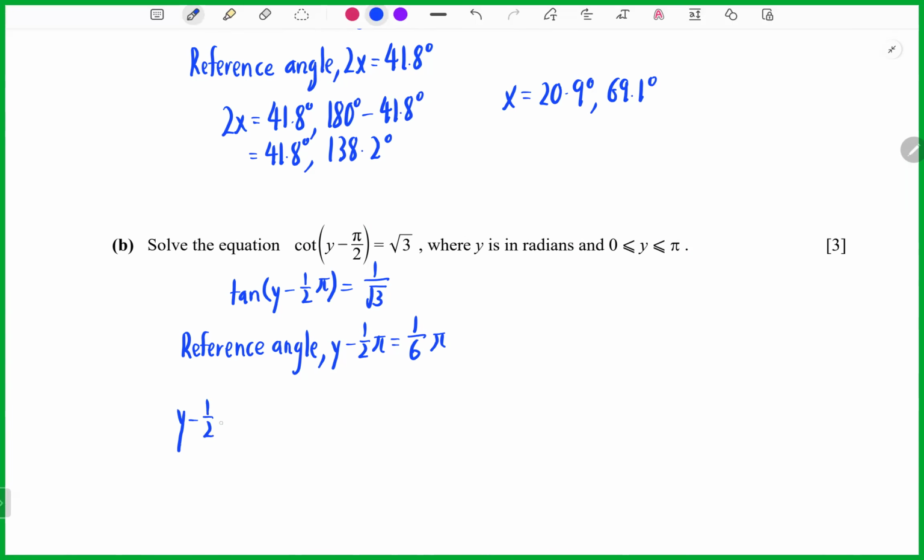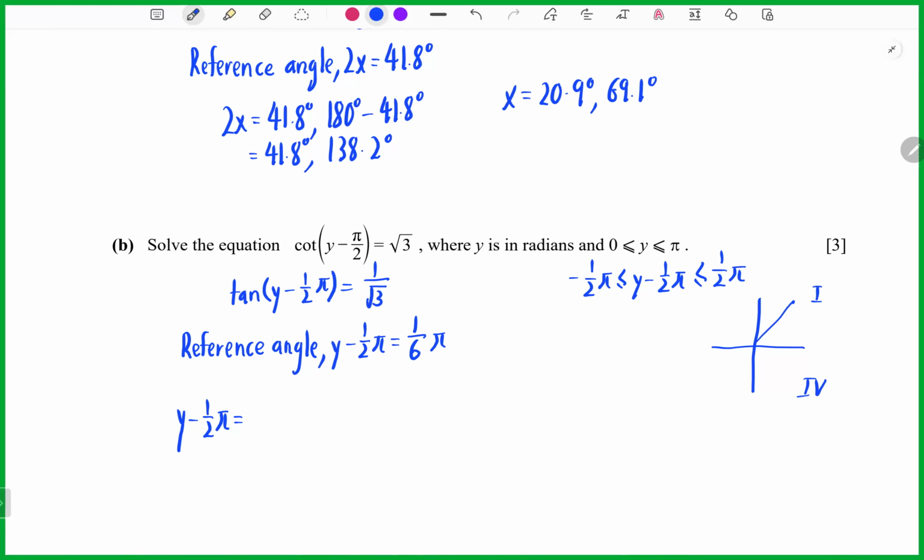Because here it is y minus 1/2 pi, we need to change for this range. Negative 1/2 pi, here is positive 1/2 pi. So you need to find the angles at first quadrant and fourth quadrant.